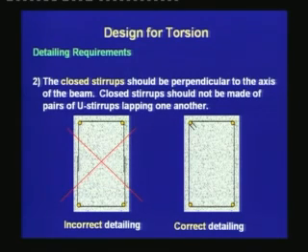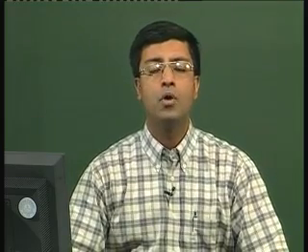As we had known earlier, for torsion we need closed stirrups to resist the circulatory shear. The closed stirrups should be perpendicular to the axis of the beam, and also should be made of only one piece of steel bar. We cannot make closed stirrups by overlapping two U bars, although that is more convenient in construction.